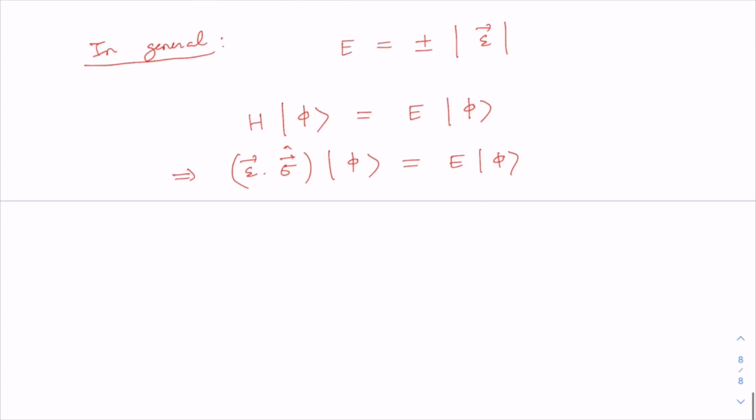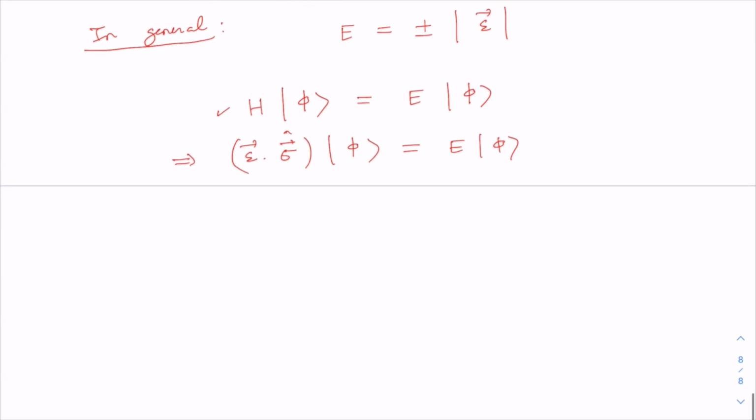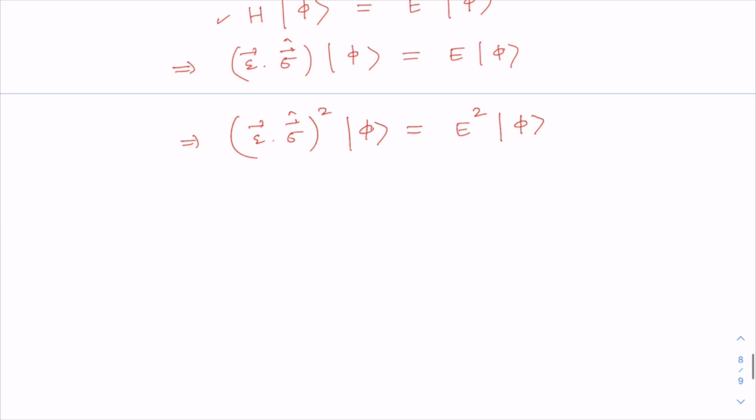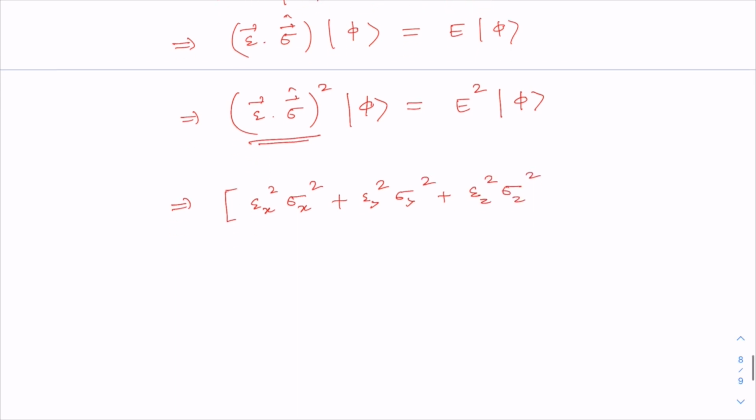Applying the operator H again on both sides, we will get (epsilon dot sigma) squared ket phi equal to E square ket phi. Now if I open this up, let me write the complete term. You will get epsilon x square sigma x square plus epsilon y square sigma y square plus epsilon z square sigma z square.